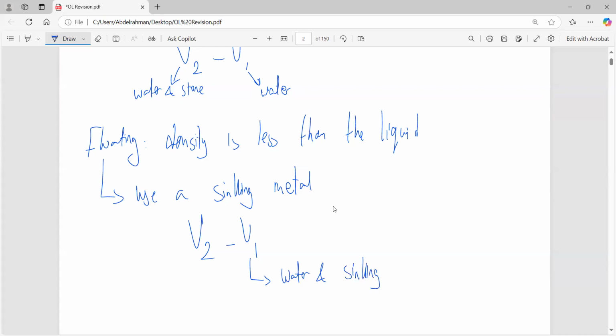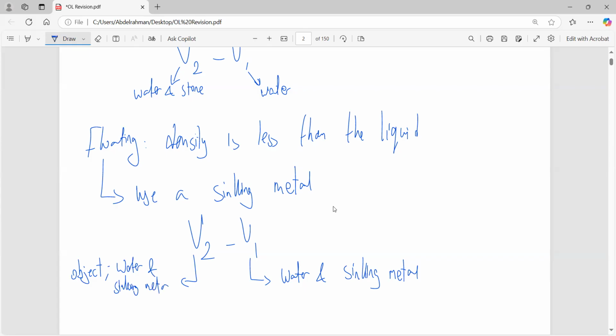What about V2? V2 will be the object, whatever, the piece of wood, the sinking metal and the water.